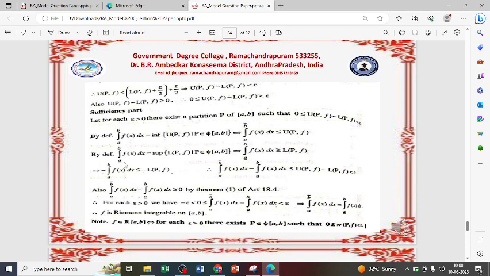Similarly, by the lower Riemann integral definition, the lower integral of f(x) dx is equal to the supremum of L(P,f) such that P belongs to the family of partitions. That is, the lower integral will be greater than or equal to L(P,f). That implies, taking minus sign for this inequality, minus lower integral of f(x) dx is less than or equal to minus L(P,f).